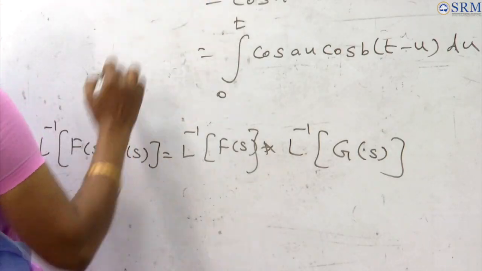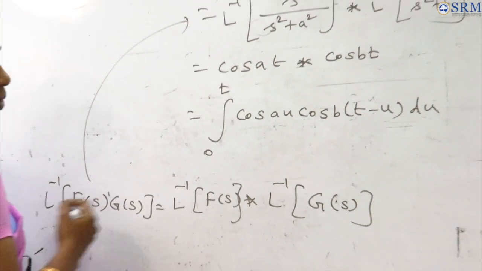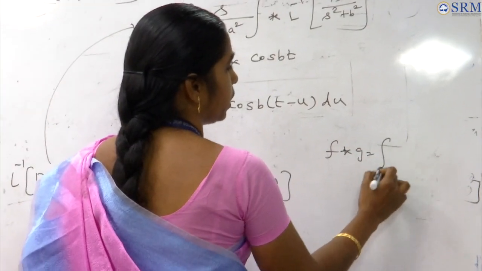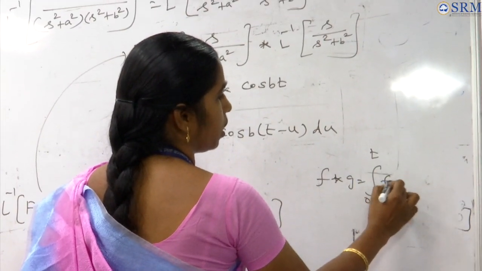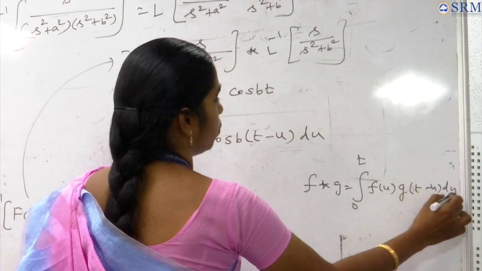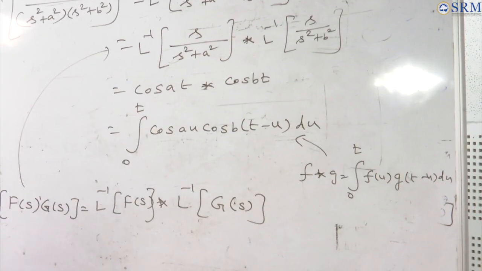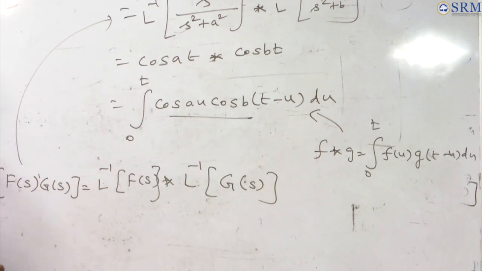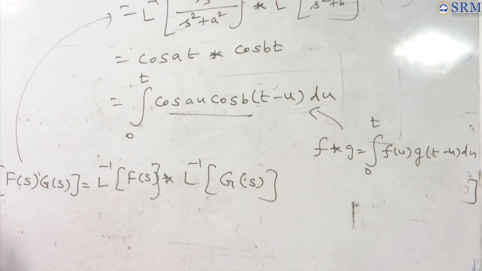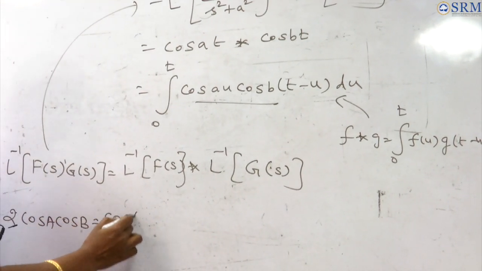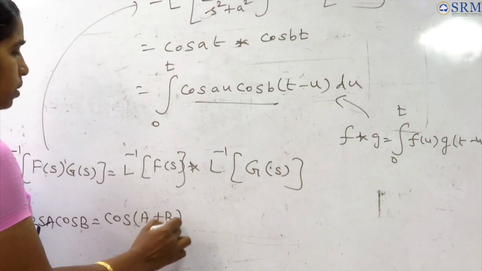Using this, f star g is equal to integral of 0 to t f of u g of t minus u du. So one more formula: there is no direct formula for the product term, so 2 cos A cos B is equal to cos A plus B plus cos A minus B.